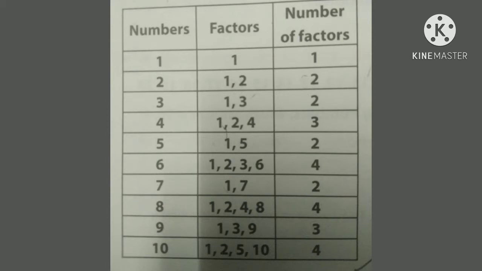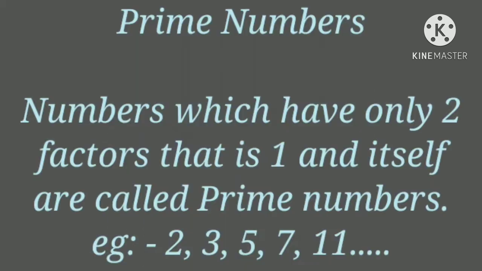Factors are 1, 2 and 4, more than 2 factors. We can say the numbers with only 2 factors, 1 and itself, are prime numbers, and the numbers with more than 2 factors are called composite numbers.